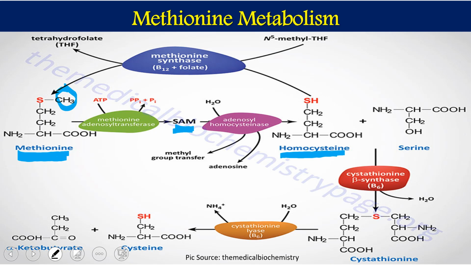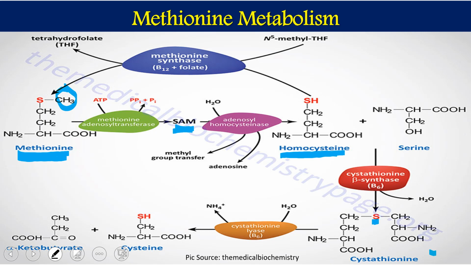This homocysteine is going to combine with another amino acid, serine, and the reaction is catalyzed by a specific enzyme called cystathionine beta synthase. This results in cystathionine, where homocysteine and serine are conjoined together through a sulfur. So homoserine will be associated with this cystathionine.